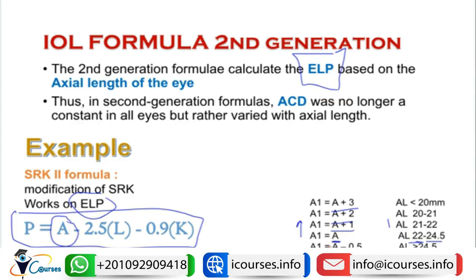On the other hand, if there is myopia, so there will be a long axial length, then we need to subtract 0.5 from the A constant in order to take into consideration the anterior chamber depth and the effective lens position.